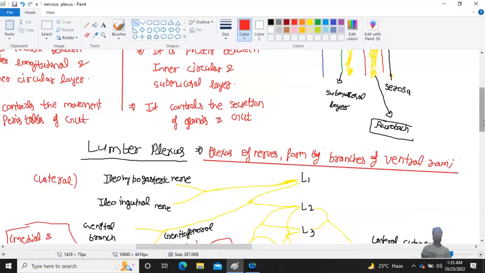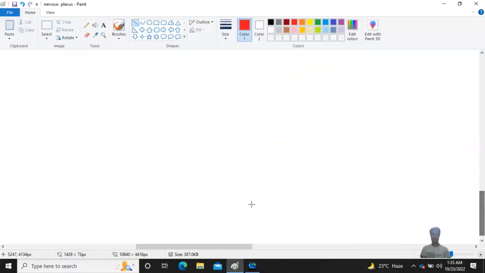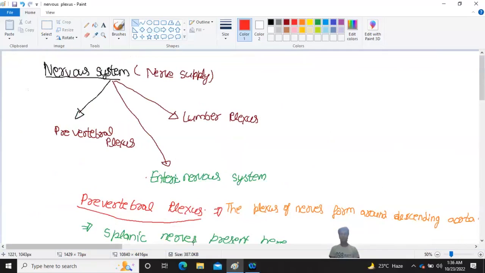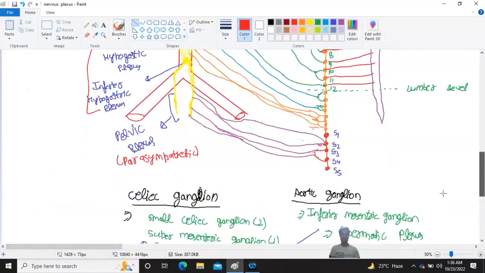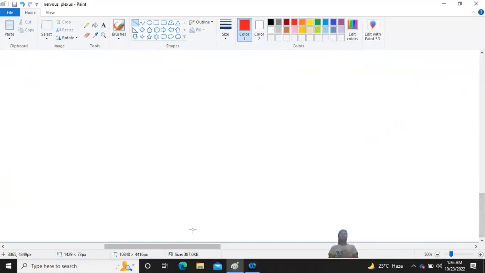So first we draw it. How do we draw it? First we draw the plexus. So first, let's say this is the inferior margin of the diaphragm.